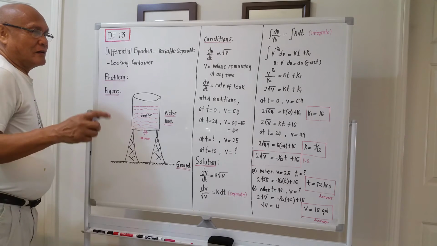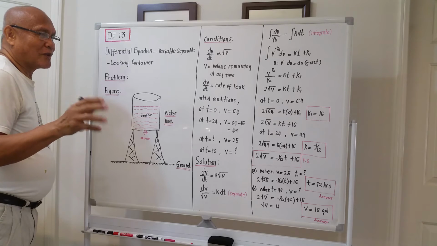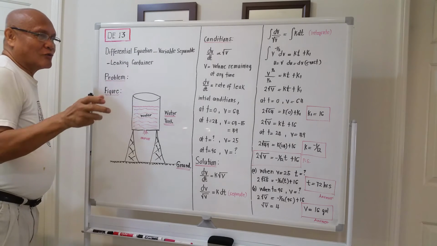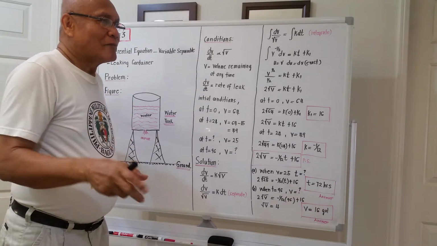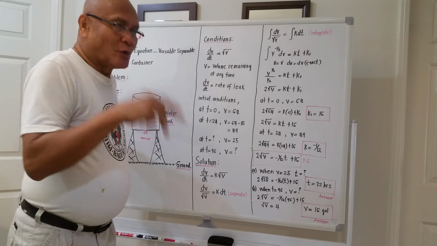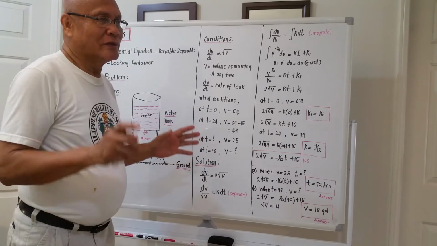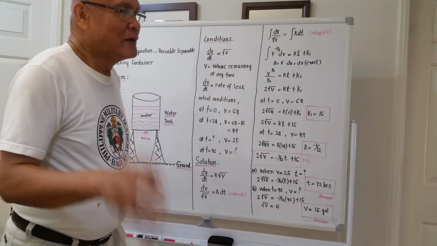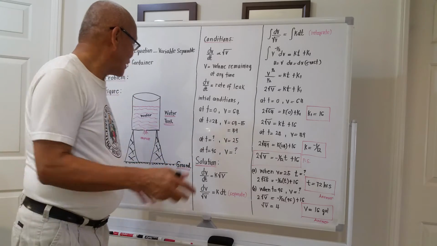If scientists don't know how to compute how much fuel will be remaining at any given moment in time, there's a problem. So it's a must that scientists should know how much will be the remaining fuel at any moment in time. And this is similar to this problem here.